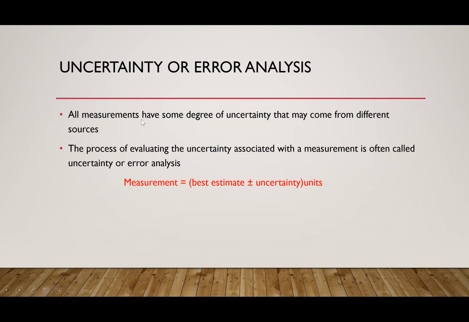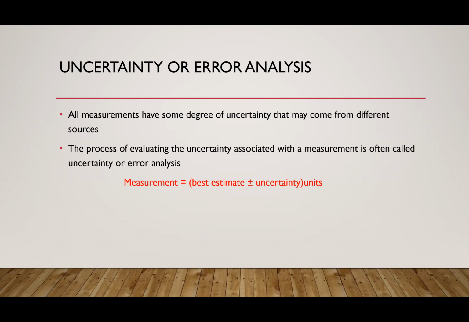So first thing is, what is error, or you can say what is uncertainty that we talk about? All the measurements have some degree of uncertainty that may come from different sources. The process of evaluating the uncertainty associated with a measurement is often called uncertainty or error analysis. Now, it's very common for us to talk in these terms whenever we are talking about any measurement.